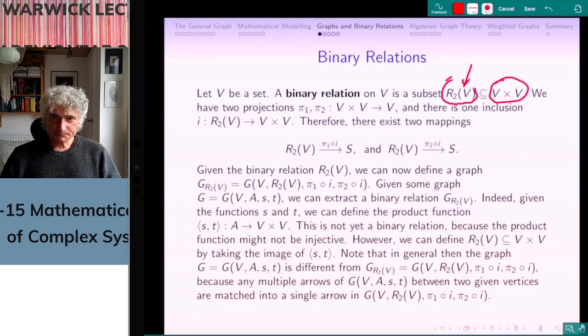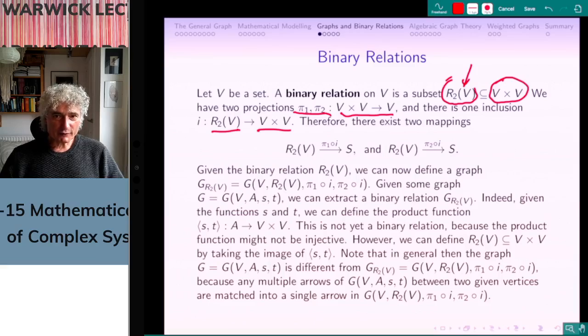Now we introduce 2 projections of this 2-tuple. So we have pi1 and pi2 mapping from V times V to V. That's here. And we also introduce 1 inclusion, and that inclusion is a mapping from the set of binary relations into this Cartesian product of V with itself.